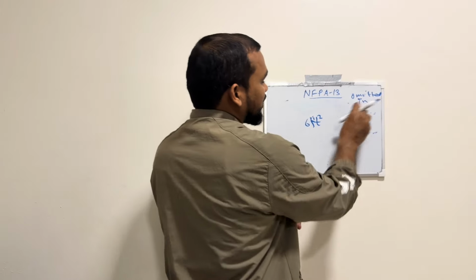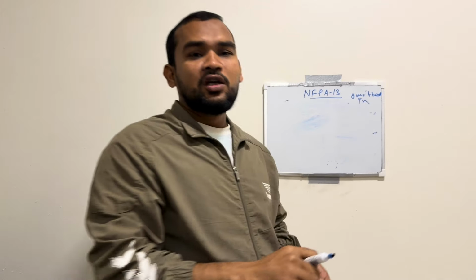Next, we can omit the sprinkler also in the electrical room or enclosure. In an electrical room we can omit the sprinkler when some conditions are met, like the room is dedicated only to electrical equipment. No other equipment is allowed in the electrical room.